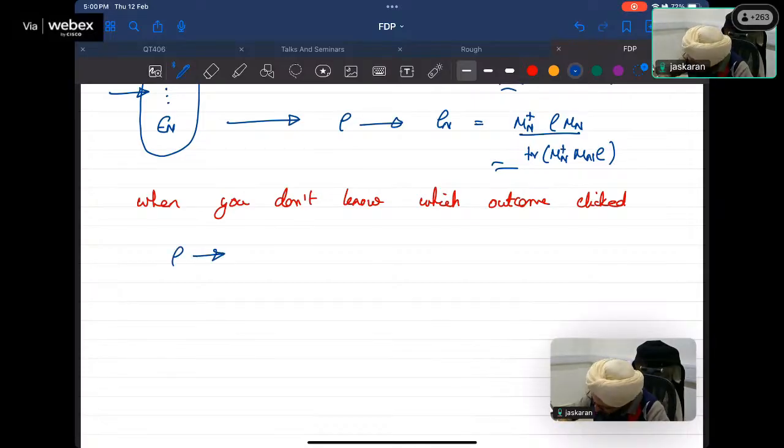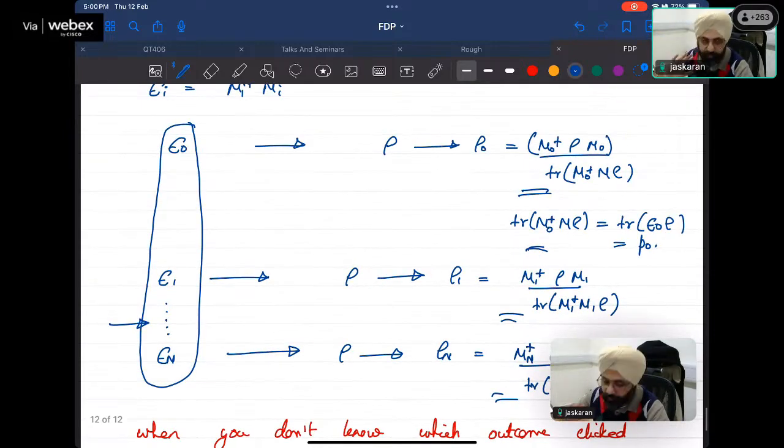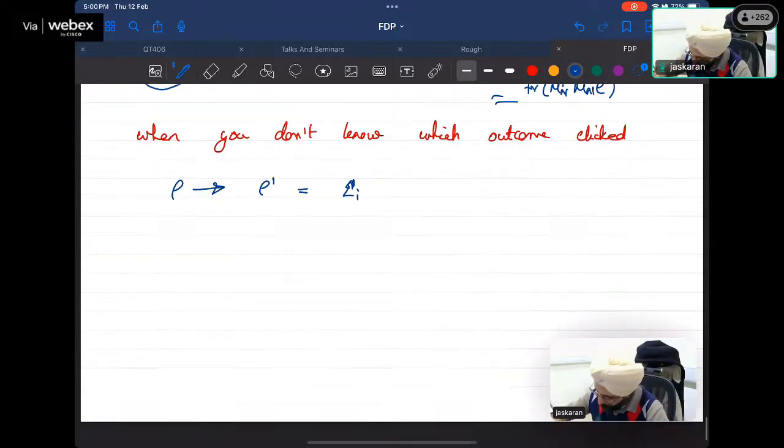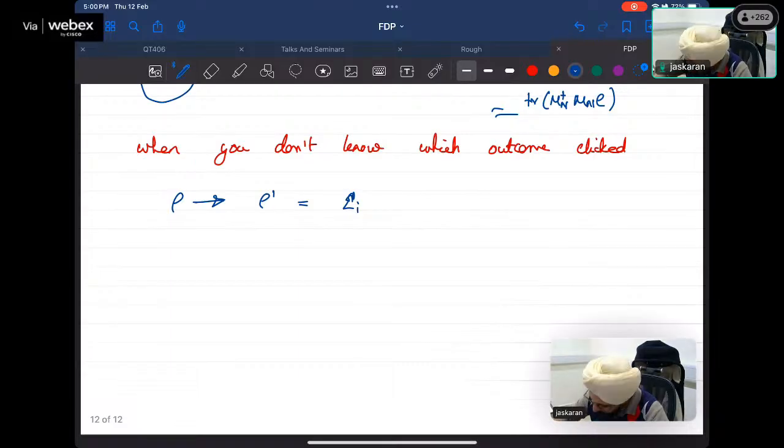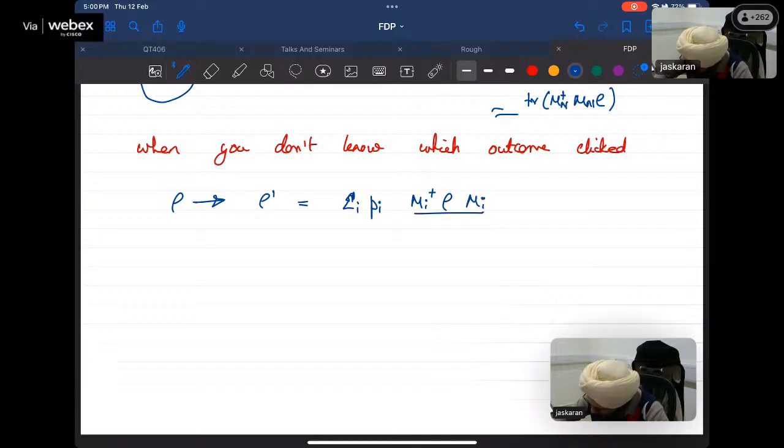Then the initial state transforms into a state rho prime, which is just taking an average value of all the Mi dagger rho Mi.